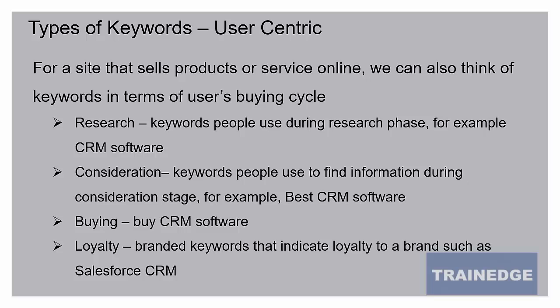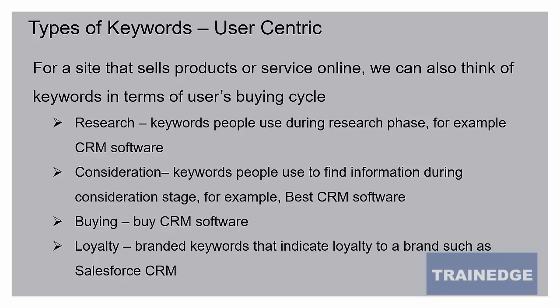One example could be somebody who is trying to buy CRM software. At the research stage, the person will probably search for CRM software. What are the CRM software out there? What benefits do they provide, and so on. At the consideration stage, you might start searching with best CRM software or best CRM software for accounting firm, depending on specific needs.